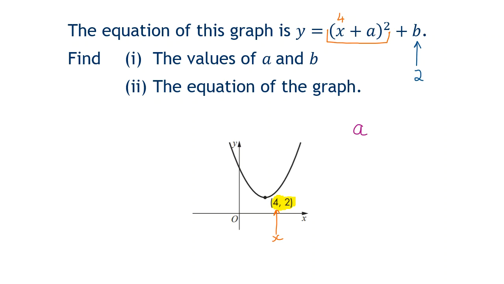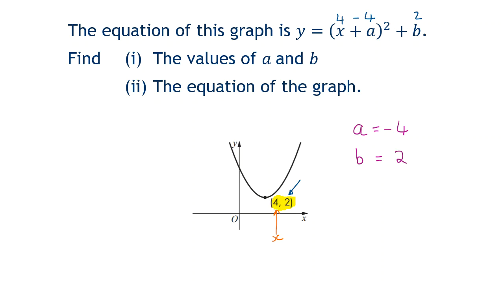Well, a has the value of negative 4 and b has a value of 2. You can check that all that makes sense if you substitute those values back into this little expression. So for example, when x is 4 and a is negative 4, 4 minus 4 is 0, 0 squared is 0, and all we're left with is b, which is the corresponding value that goes with x is 4. So that's where b is 2 comes from.